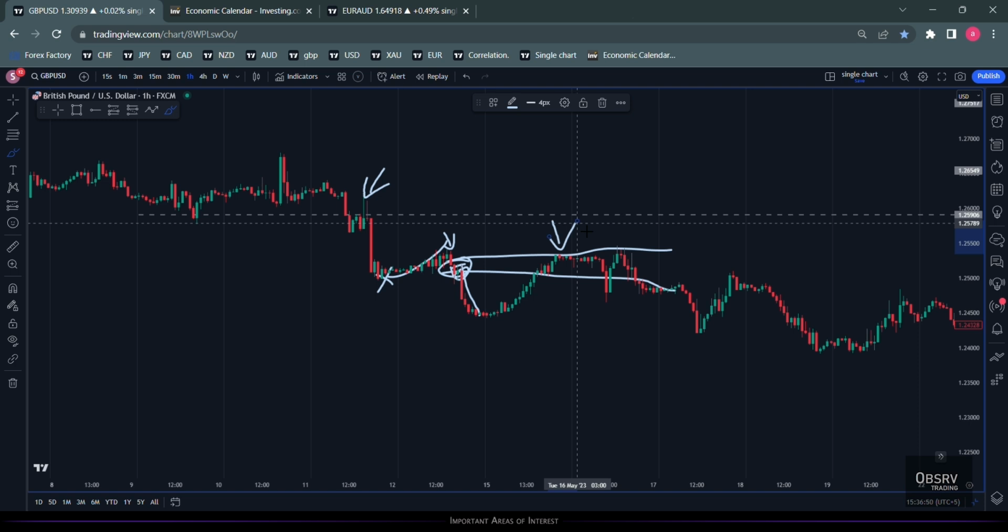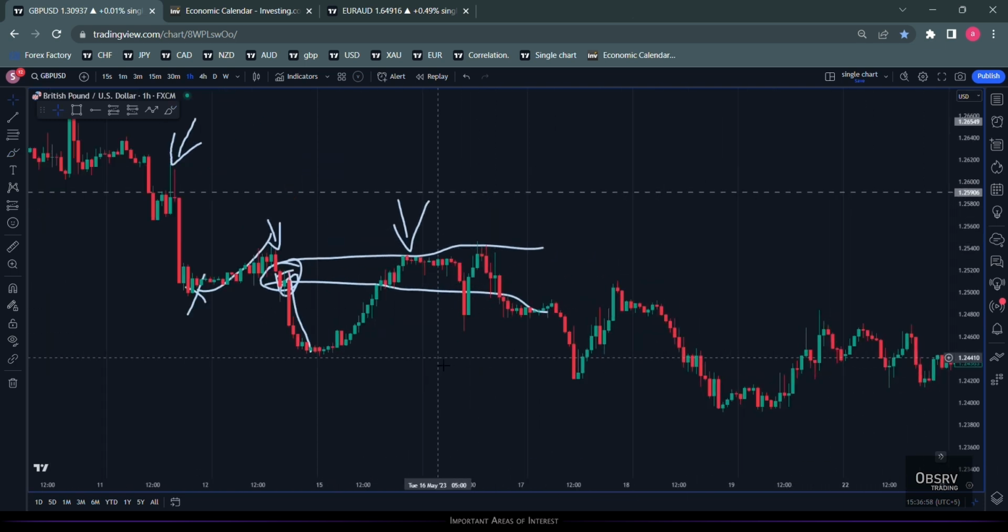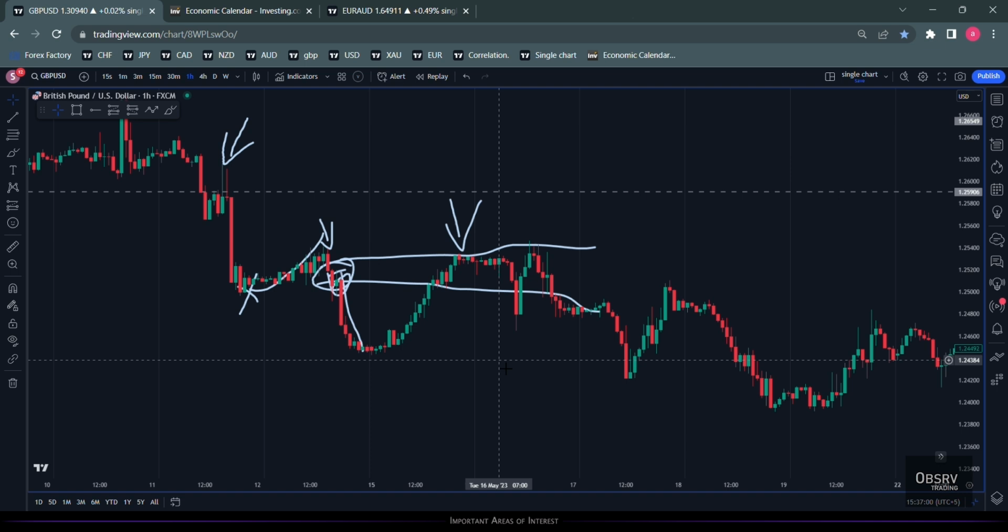For now, what we need to focus on is training our eyes to those areas that are going to help us figure out the overall direction, also help us figure out how to be patient for the price to come to those areas where we expect the possible reactions from, and then start getting interested in the trades.